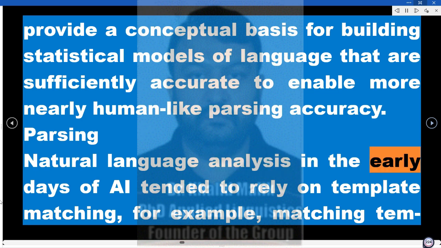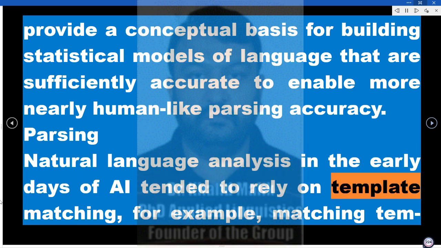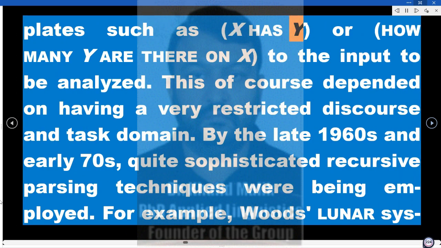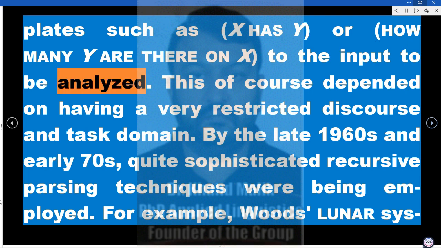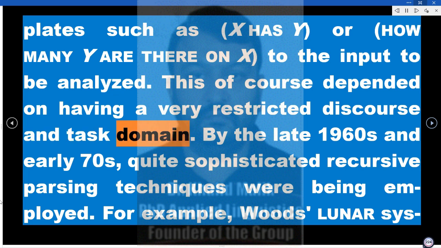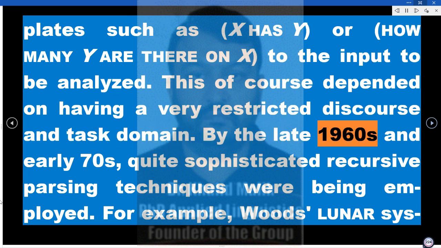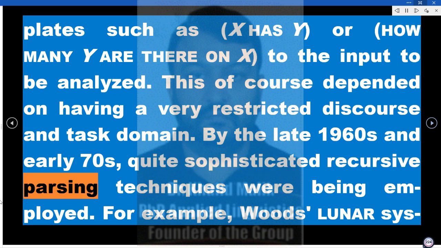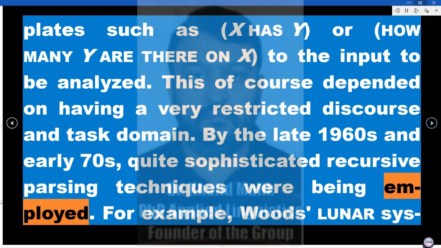Natural language analysis in the early days of AI tended to rely on template matching, for example, matching templates such as "X has Y," or "how many Y are there on X," to the input to be analyzed. This of course depended on having a very restricted discourse and task domain. By the late 1960s and early 70s, quite sophisticated recursive parsing techniques were being employed.